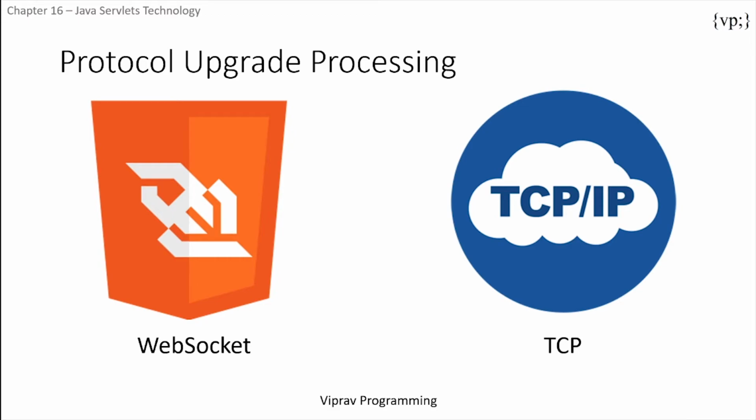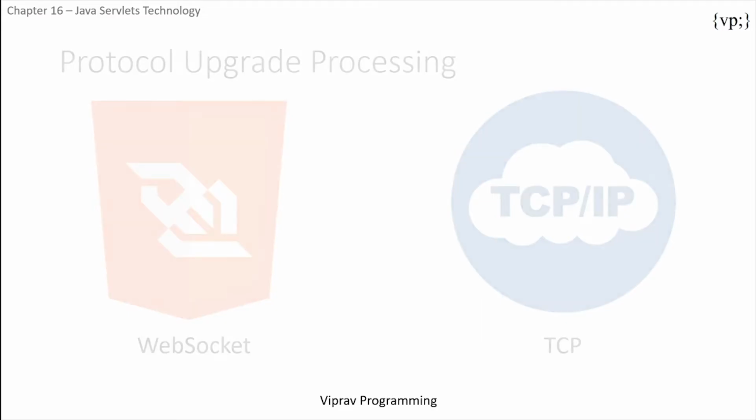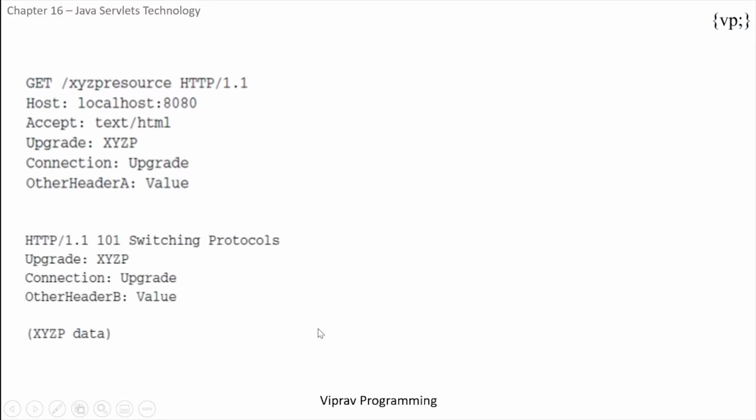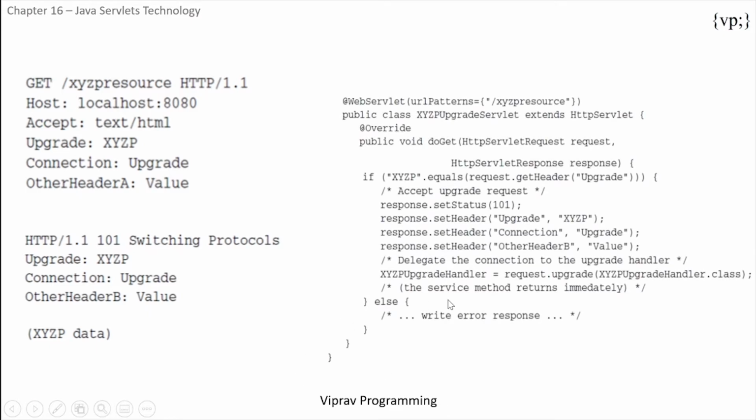In HTTP 1.1, clients can request to switch to another protocol using the upgrade header field. Once the protocol is switched, the client and the server will use the new protocol. Over here, you can see that you can use the upgrade XYZP, and it will tell you that it will be switching protocols.